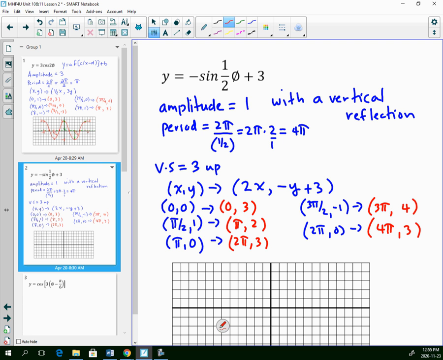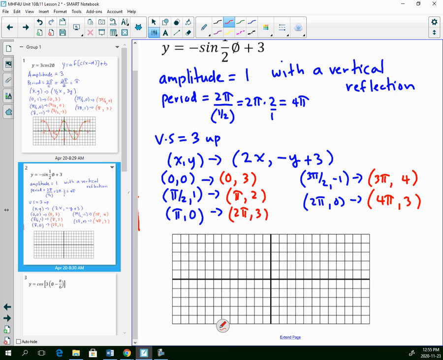So I can see that to get through one cycle, I have to go from 0 to 4 pi. So when I'm doing my scale on my axes, I'm going to go to 4 pi. 1, 2, 3, 4 pi.